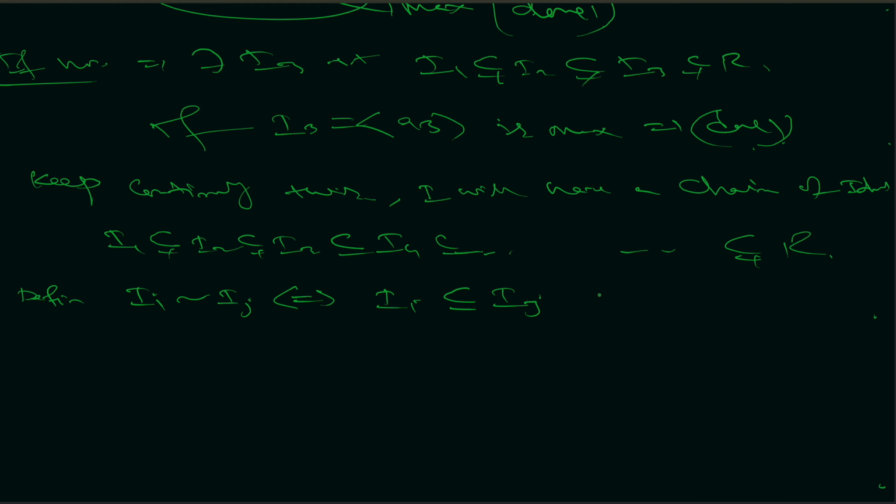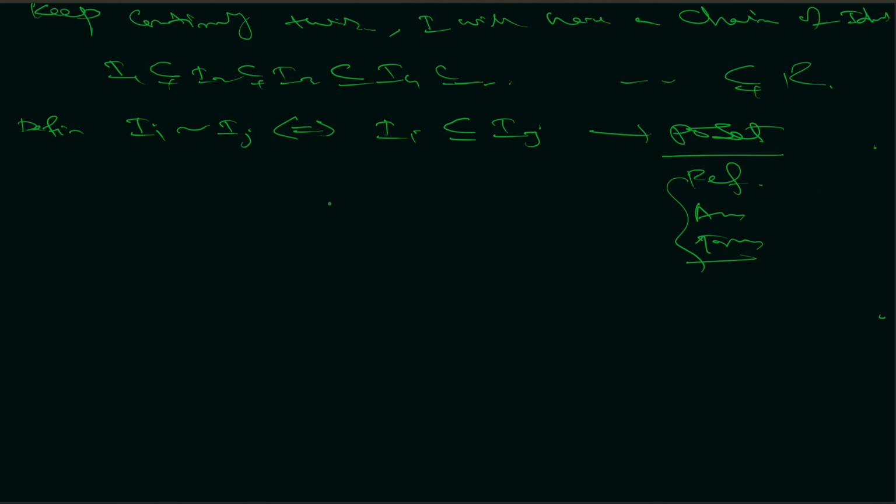So you can verify this is a poset, that is, it is reflexive, antisymmetric and transitive. This is going to be a partially ordered set. And the collection of ideals Ii, varying over some indexing set lambda, is a poset, a partially ordered set. So we'll use Zorn's lemma.